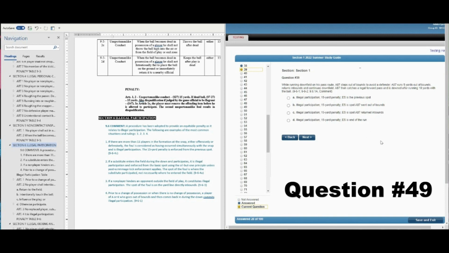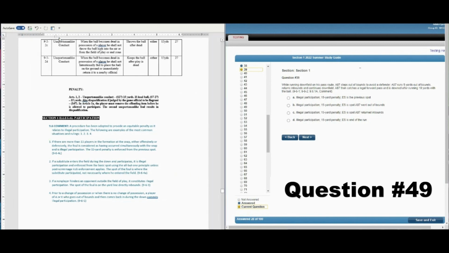So what is illegal participation? It is so important for you to understand illegal participation. And it can happen in a number of ways. So the first is if there are more than 11 players in the formation at the snap. Now, that should never happen because we are counting our players and we are going to give them a chance to get off the field, a reasonable amount of time.